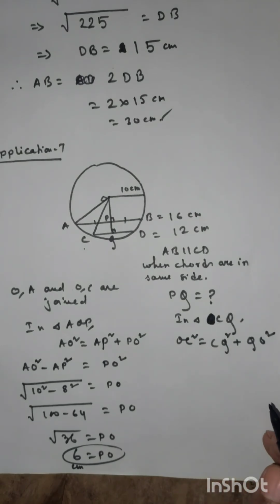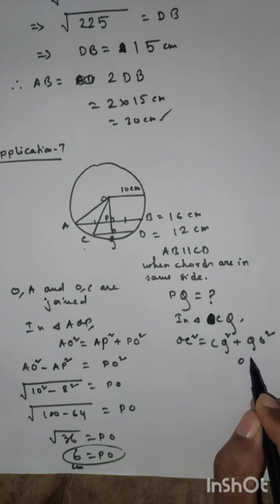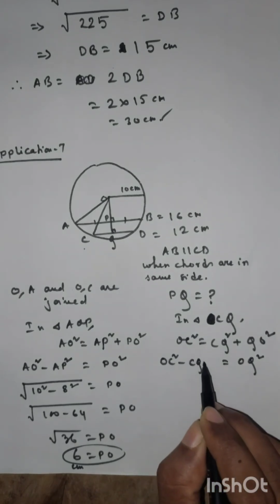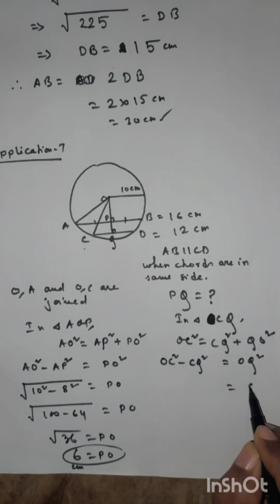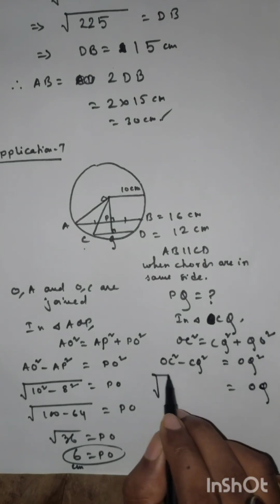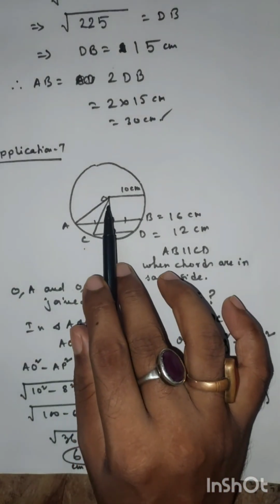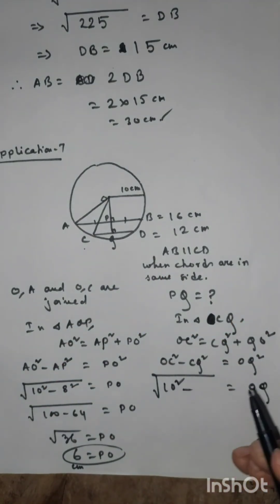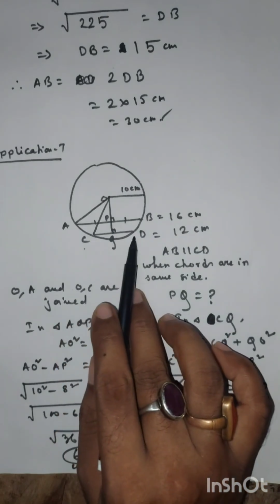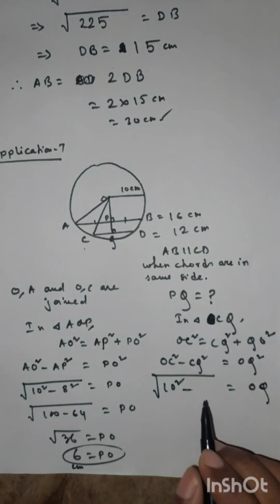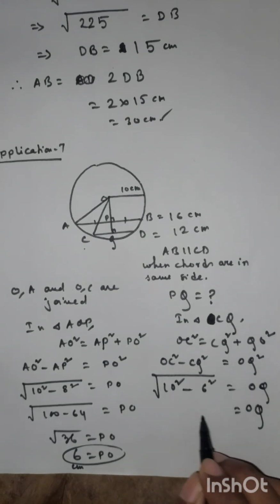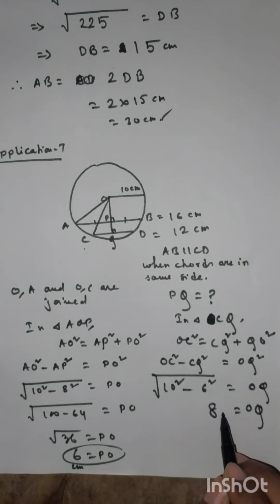Therefore OQ is equal to root over OC square minus CQ square. OC is actually radius, that means 10, and CQ is half of the chord CD, that means 6. So OQ is equal to root over 100 minus 36 equal to root over 64, that means 8 centimeters.